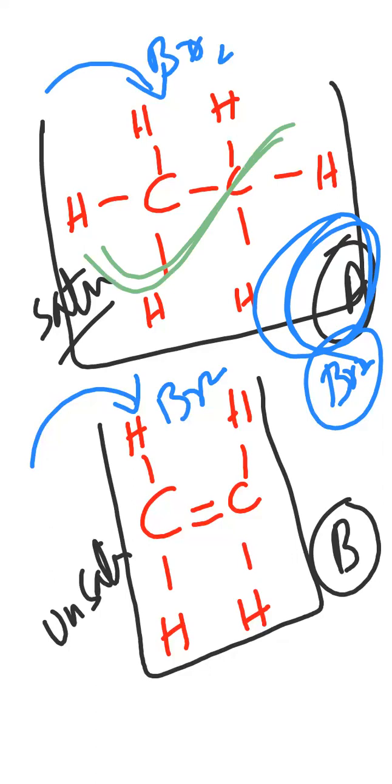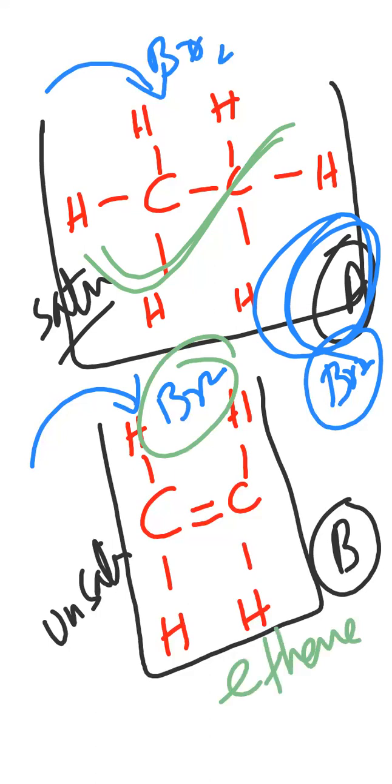But when you add bromine into the second test tube, which contains ethene, the unsaturated one, you all know that an addition reaction is possible here. This bromine will break the double bond between the carbons, with one bromine here and one bromine here. So you will get some liquid, but it will be colorless because there is no Br2.